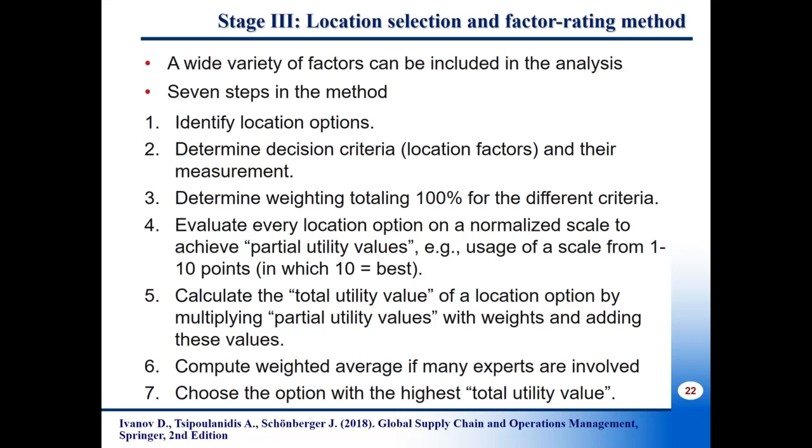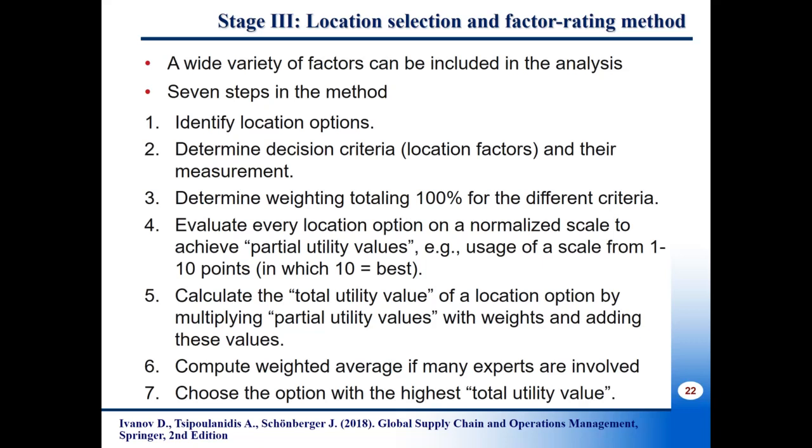First, we should have several location options for our central warehouse in order to compare which one is the best. Or maybe we can have not only 2, but 3 or 4 or 5. Second, we have to determine decision criteria about location factors and their measurement.